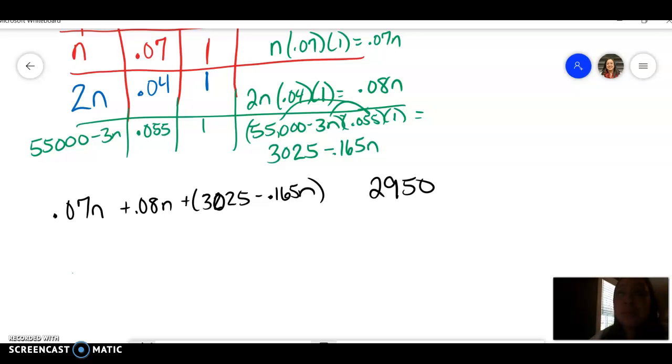So in other words, I want to have greater than or equal to 2,950. I want to have no less than $2,950 accumulated in simple interest once I add all of this interest together. Okay, so that is it. That is your inequality problem.